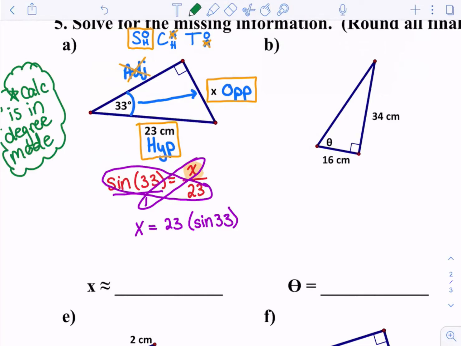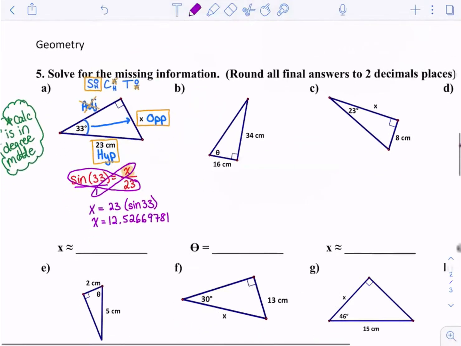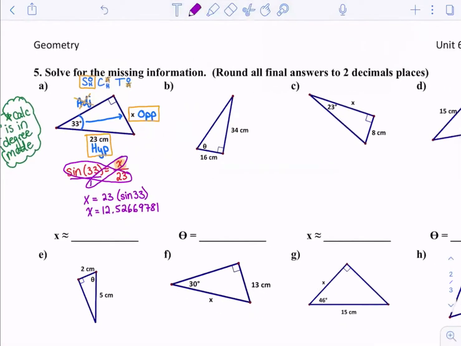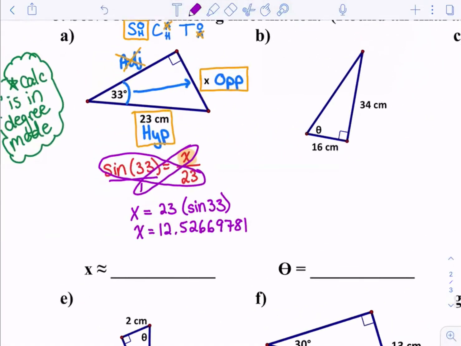Make sure it's blinking over degree and click enter. So now when I put this in the calculator, 23 times sine 33, I get 12.52669781. Now it says here, round all your final answers to 2 decimal places. So if I go 2 decimal places, this is 12.53 centimeters.